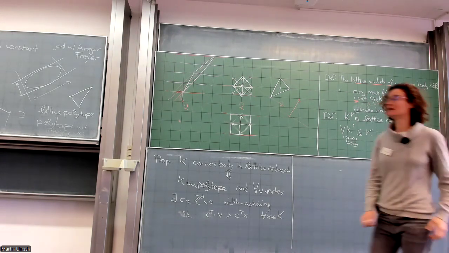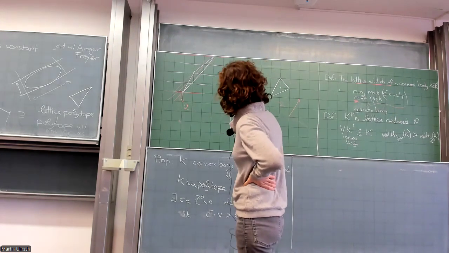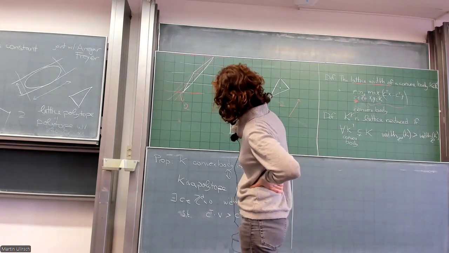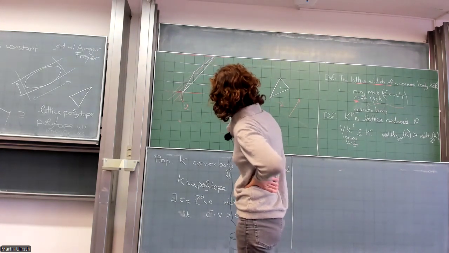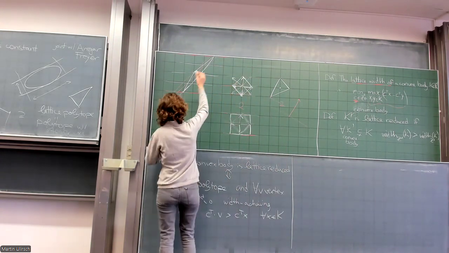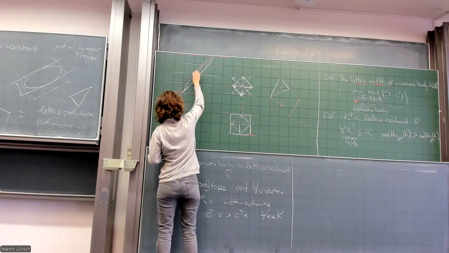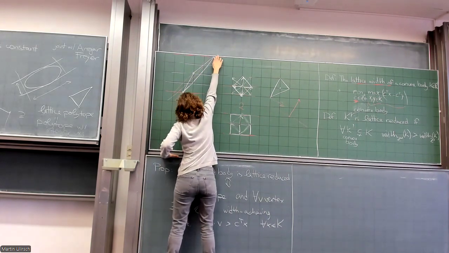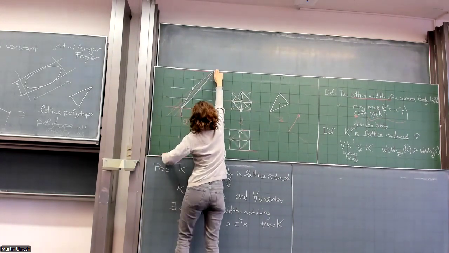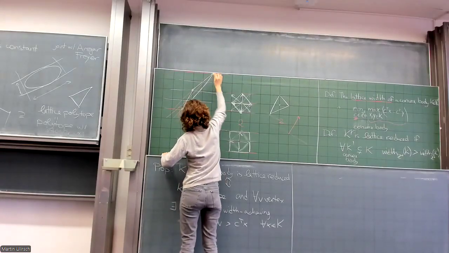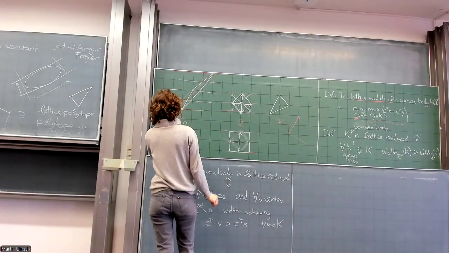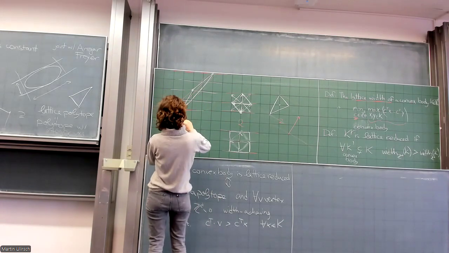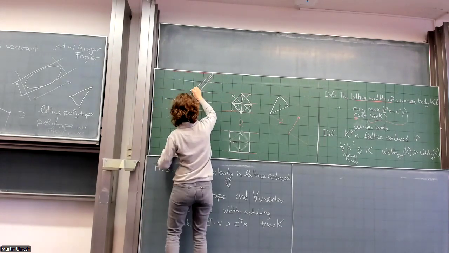Sorry, yes. That example, if I take the hyperplane in the direction 1, 1, I do get lattice with 1, right? Yeah, these are all on the same line.